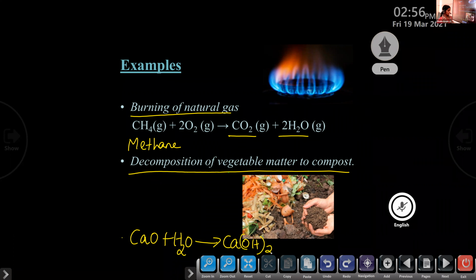Here also heat energy is released. Clear? Burning of natural gas, then the decomposition of vegetable matter into compost, and the calcium oxide reacts vigorously to form calcium hydroxide. These three are examples of which type of reaction? Exothermic reactions. The reactions in which heat energy is released, such type of reactions are called exothermic reactions. Okay, clear?